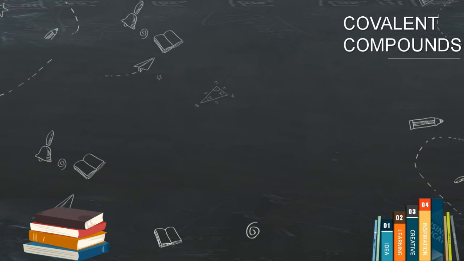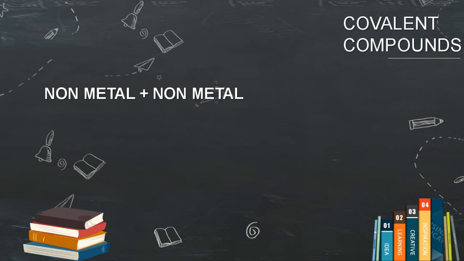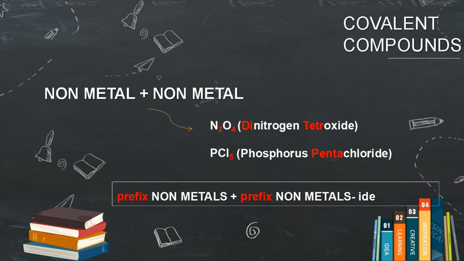Next, covalent compounds or molecular compounds. A covalent compound consists of two nonmetals. For example, nitrogen tetroxide.